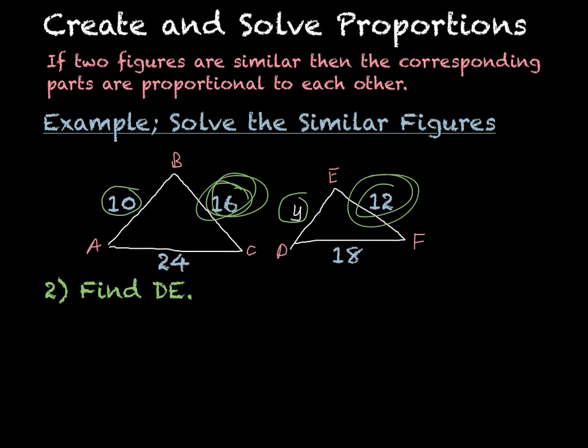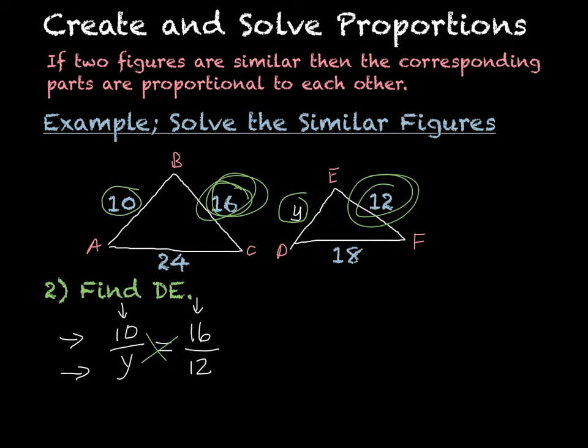If we stack them up, the first triangle, we have 10 over Y. Those are corresponding parts, and that's going to be equal to 16 over 12.